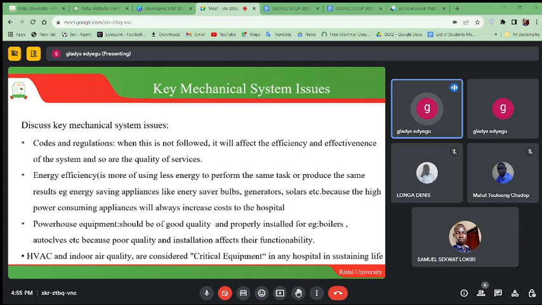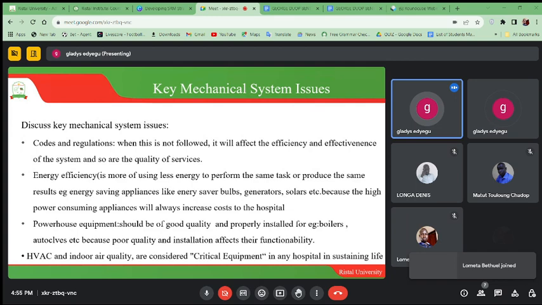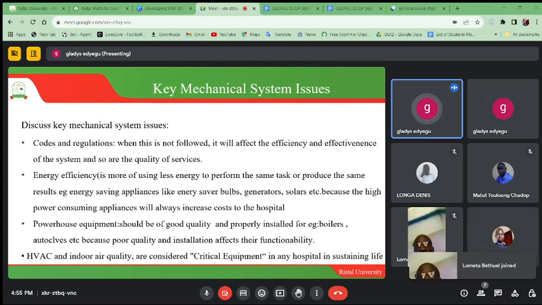Because of high power consuming appliances, this will increase the costs to the hospital. That's why we have to use energy efficient appliances, which help us to reduce the consumption of power. And when you do that, it will also help us to reduce the costs of paying electricity and so forth in the hospitals.